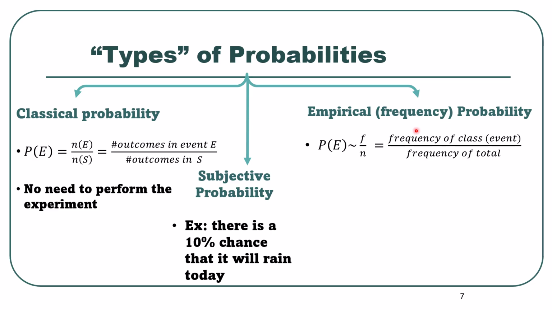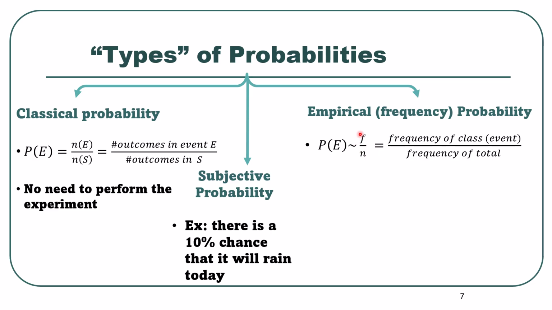From the table we will know the frequency of each class, which in terms of probability means the frequency of each event over the total frequency in your table. So it's F over N, F is the frequency for a specific class or event, and N is the total frequency.